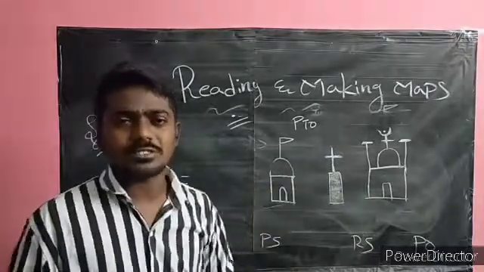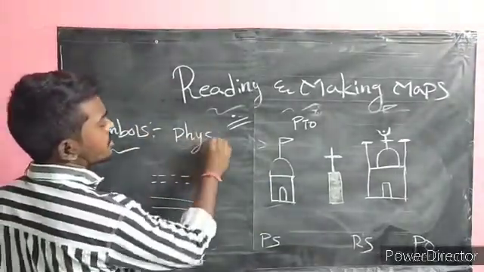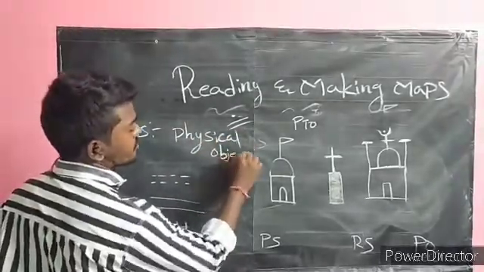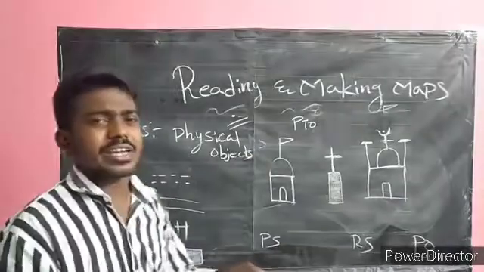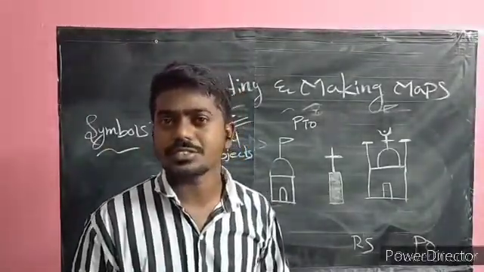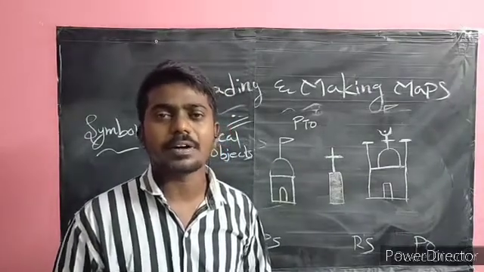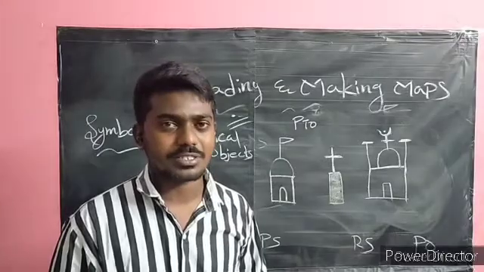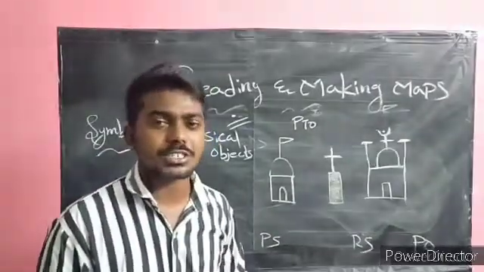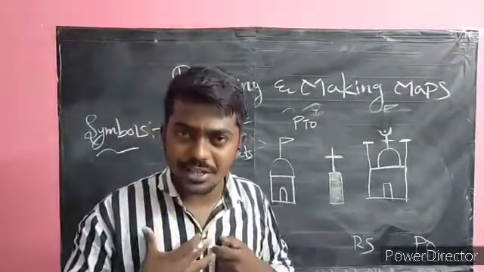We use symbols to show our physical objects and surroundings, which we cannot draw. We cannot make some of the actual symbols. That is why we are using the symbols in the maps. Symbols are prepared according to our needs.